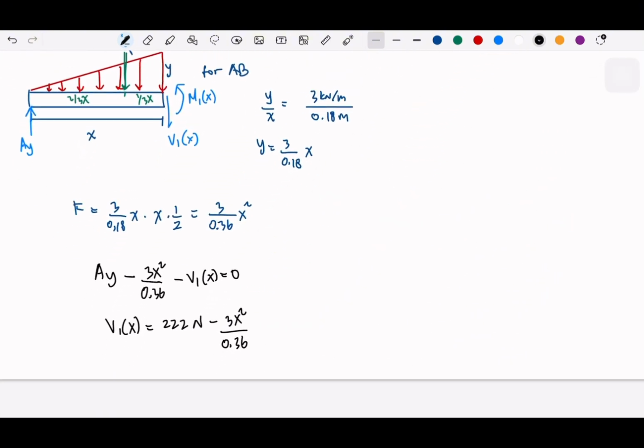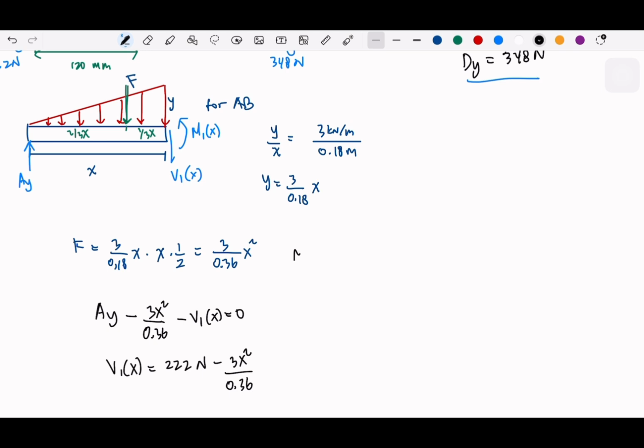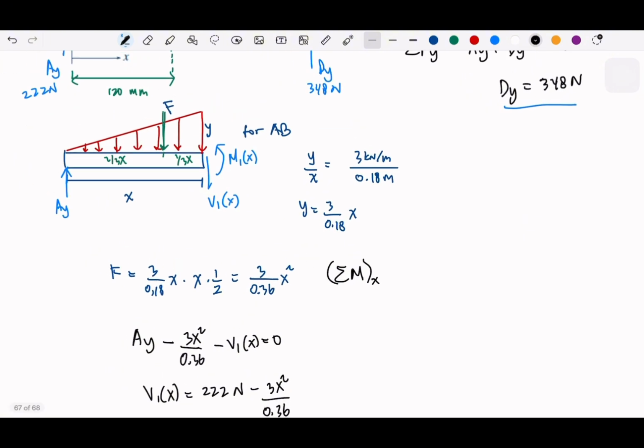So we have this, and we have the M1. Take the sigma moment. Suppose at x, which is at this point here, so this is 0. So AY times x minus 3x squared over 0.36, and then this is x over 3.